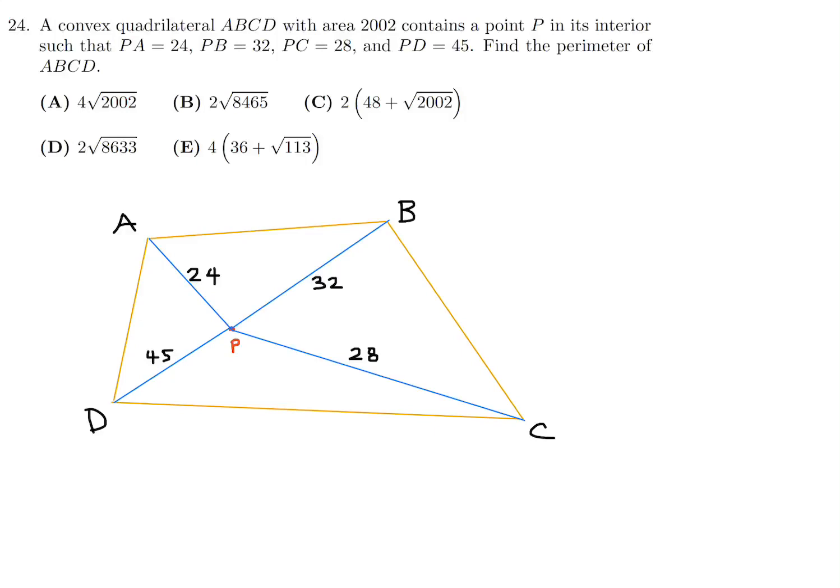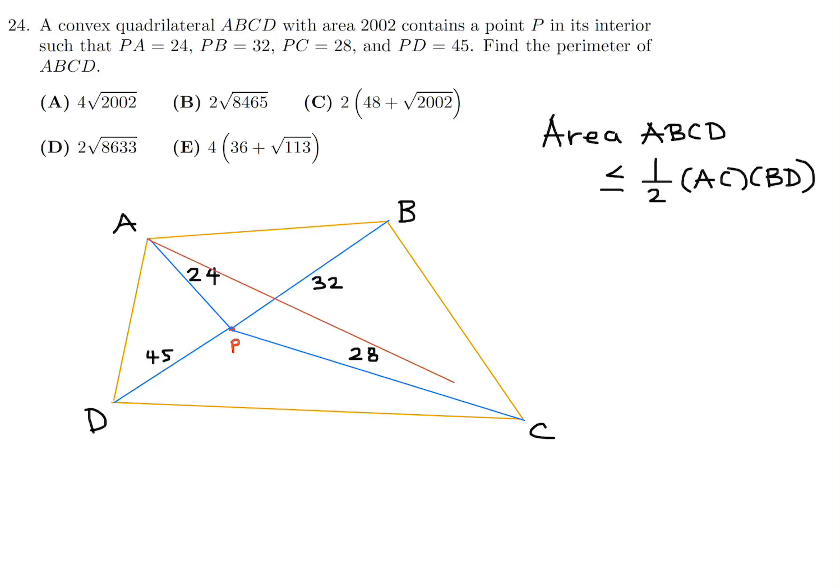Okay, so in such a quadrilateral, we have a very important relationship. The area of the quadrilateral ABCD is going to be less than or equal to 1/2 of AC times BD. So what's AC? AC basically is the diagonal, like that.